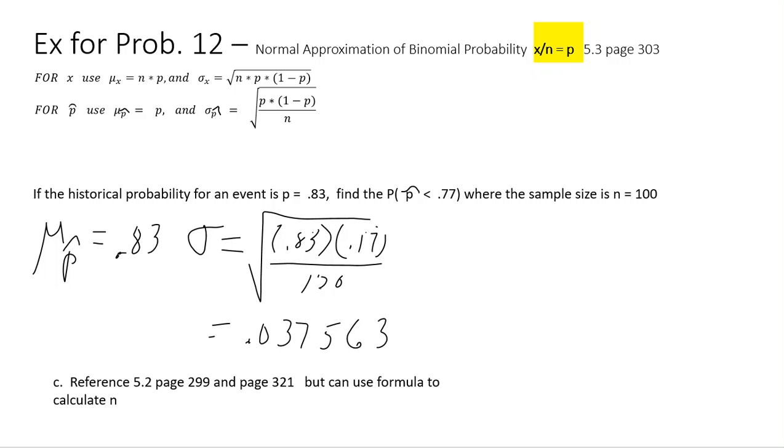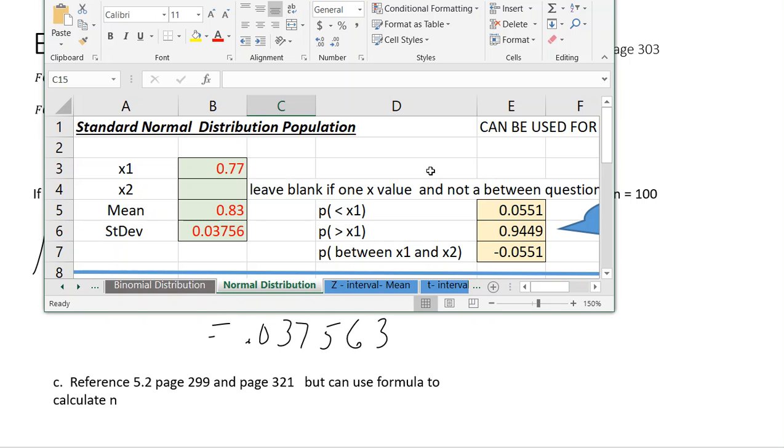Once you get those two numbers, you're ready to plug them into Excel. You have a mean of 0.83, a standard deviation of 0.037563, or 3.75%, and an x of 0.77. So if I use the calculator that I created here, this is the normal distribution calculator.